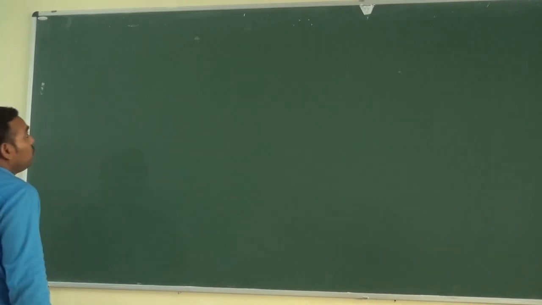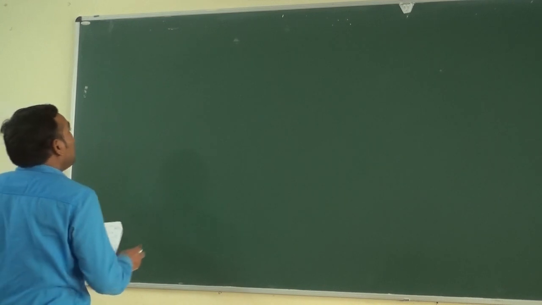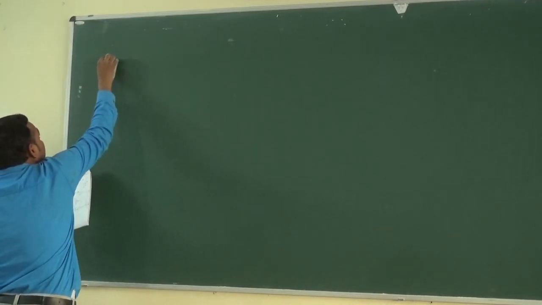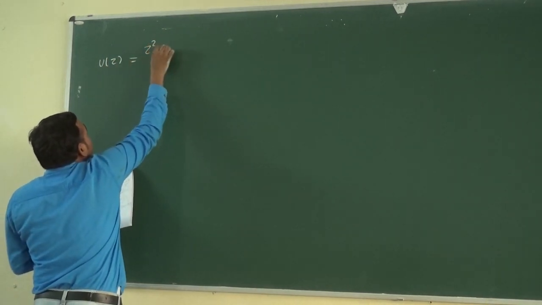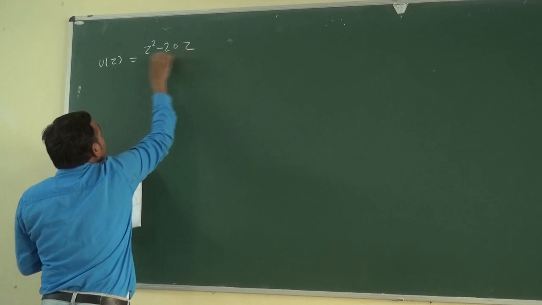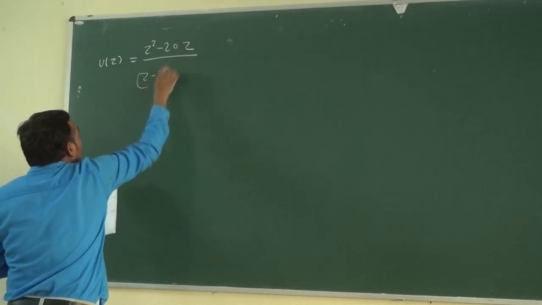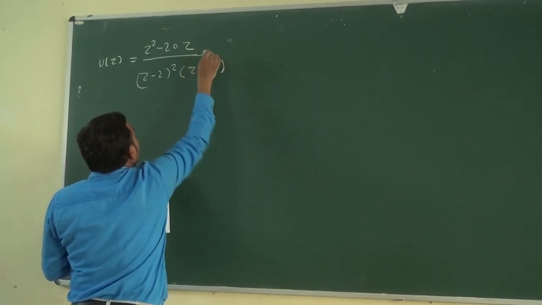Now we will discuss one more example to find the inverse Z transform by residue method. That is, say U of Z is equal to (Z square minus 20Z) upon (Z minus 2) whole square (Z minus 4).